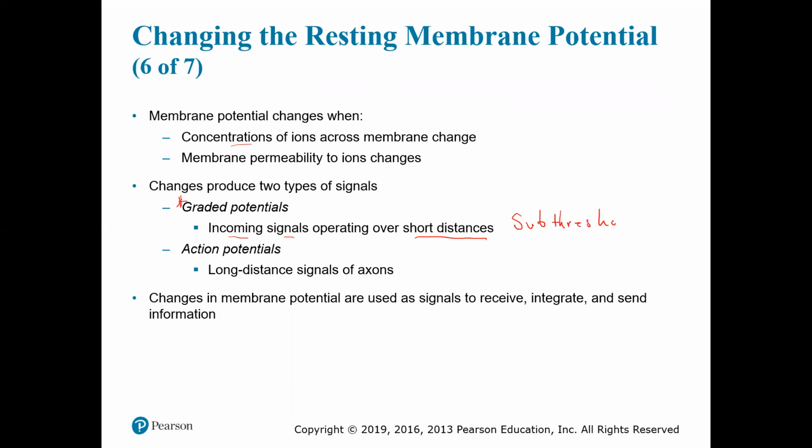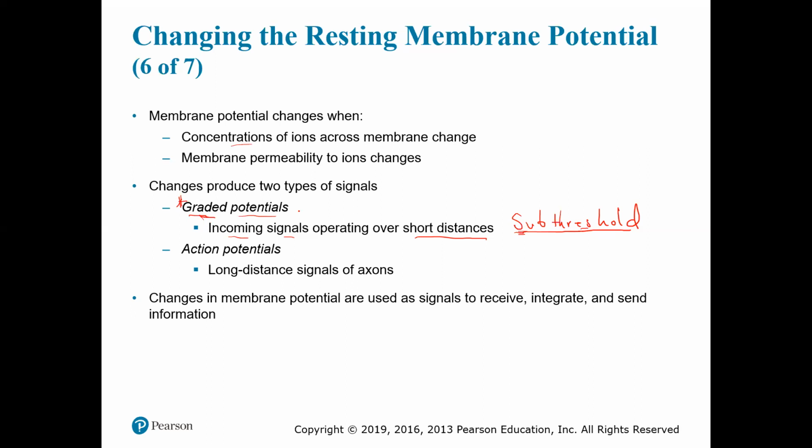If you remember the threshold in the muscle cell, the threshold for an action potential in a neuron is minus 55 millivolts. These graded potentials never get positive enough to reach that minus 55 millivolts.